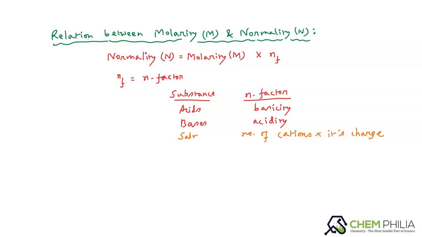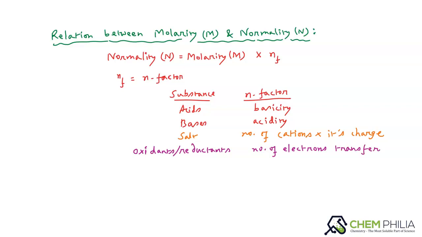Then for oxidizing agents, or oxidants, or reductants, that is reducing agents, which are obviously used in redox reactions. In redox reactions, remember the N factor is the number of electrons transferred.